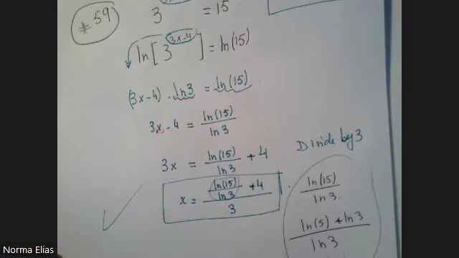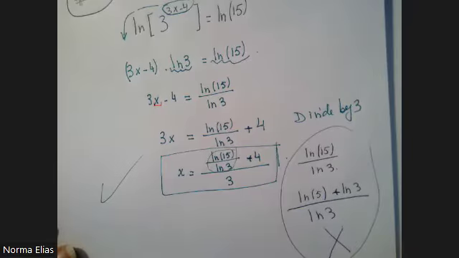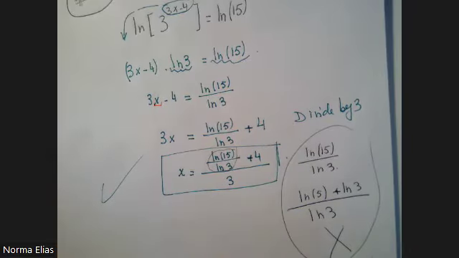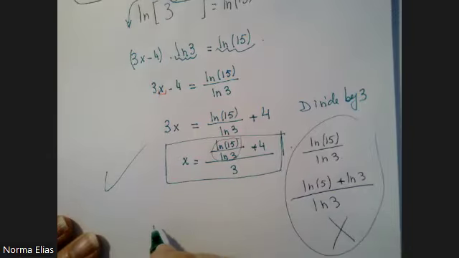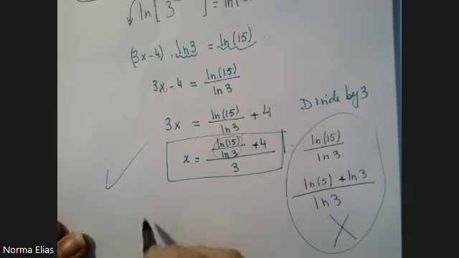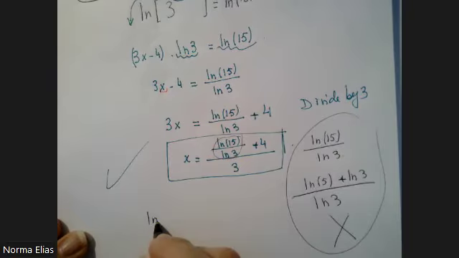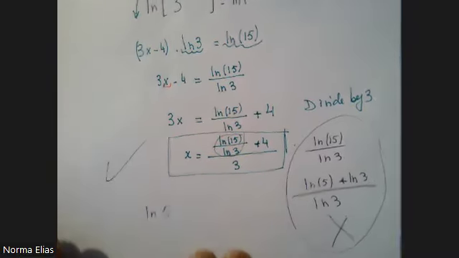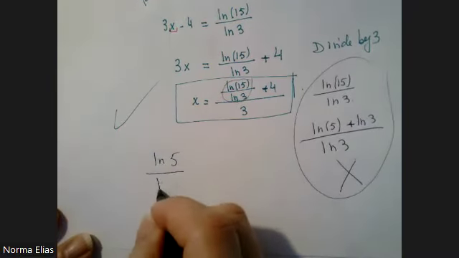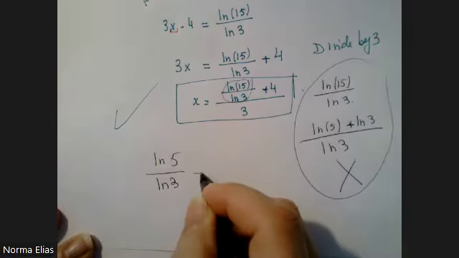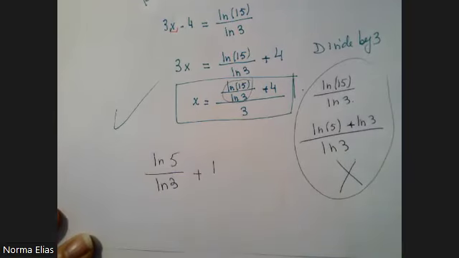I have a quick question. Please go ahead. Can't we reduce it down to ln of 3 over ln of 3 plus ln of 5 over ln of 3? Okay, slow down. I will write whatever you tell me. Yeah, make that ln of 5 over ln of 3 plus ln of 3 over ln of 3, which gives you 1.